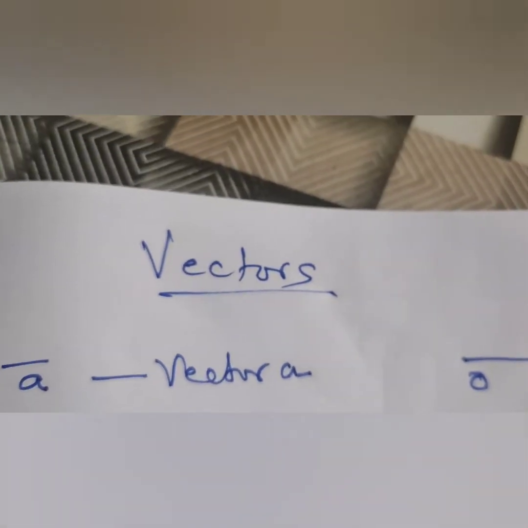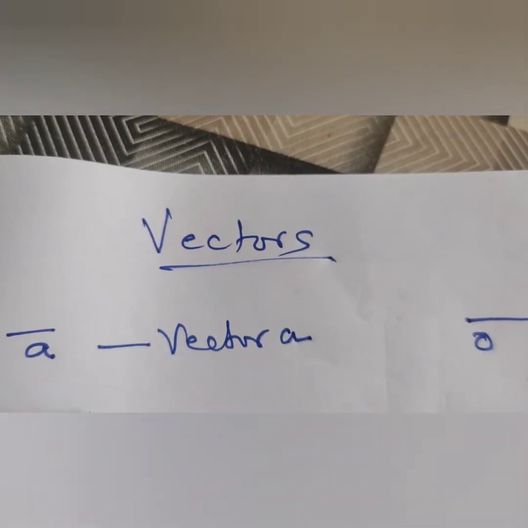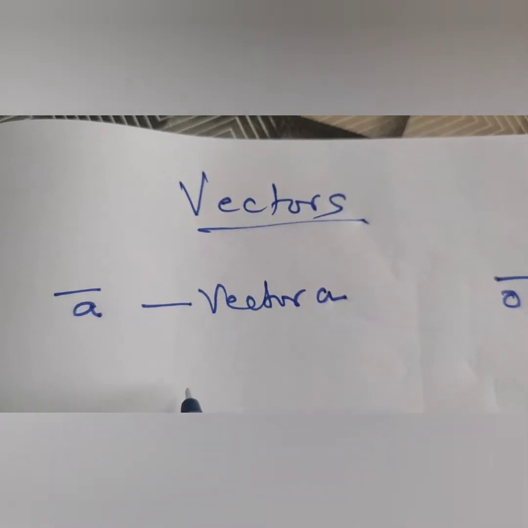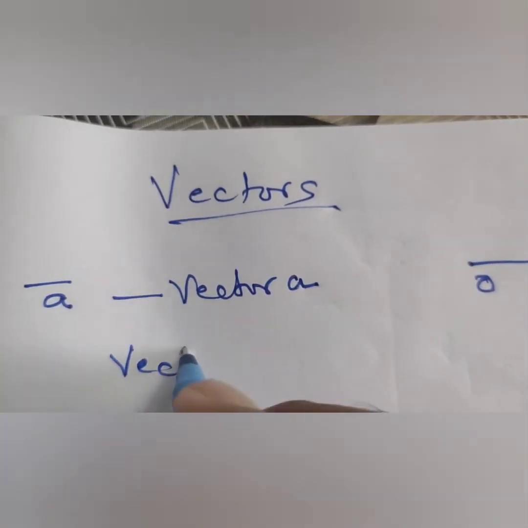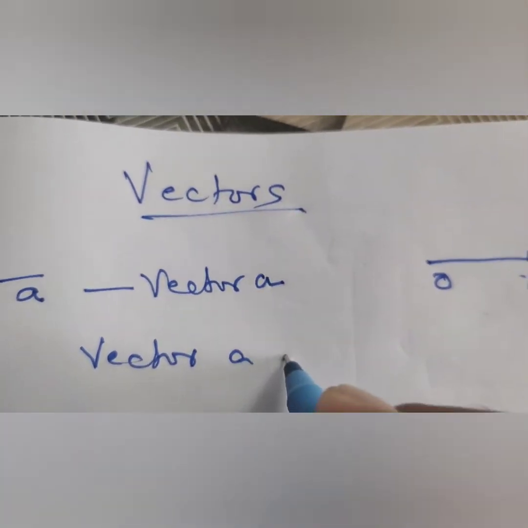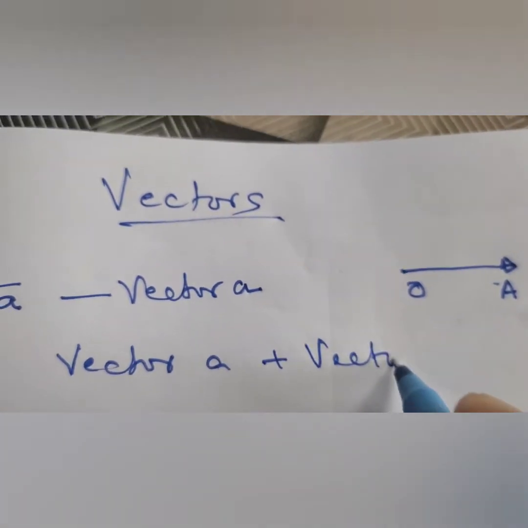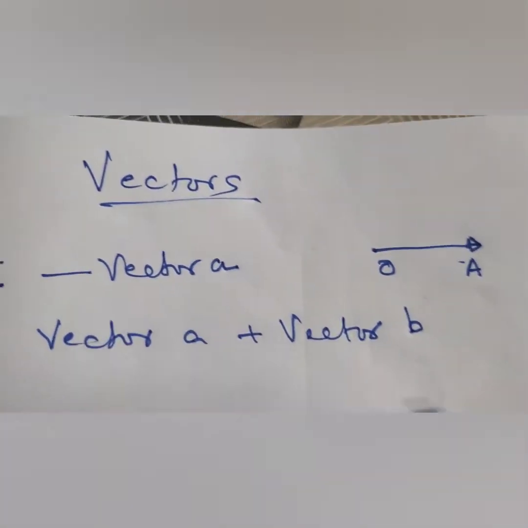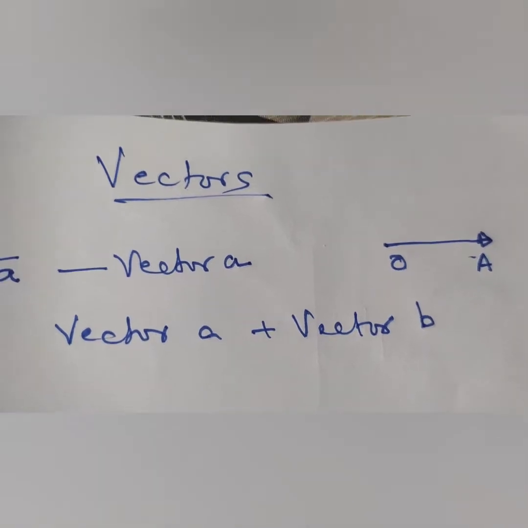Vector A. So when you add two vectors, vector A plus vector B, how will you add? A vector has a direction.